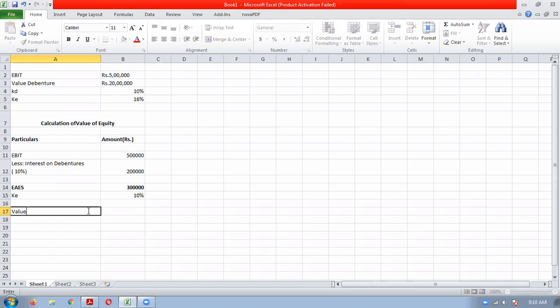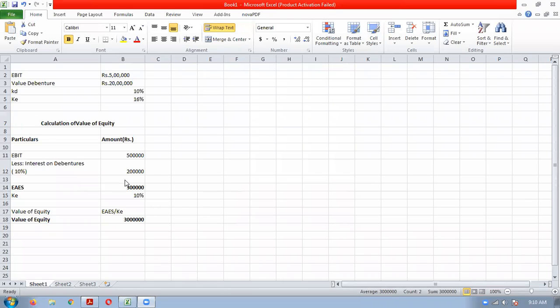So value of equity will be, write this formula, earnings available to equity shareholders divided by KE. So 3 lakh divided by 0.1. Value of equity is 30 lakhs.